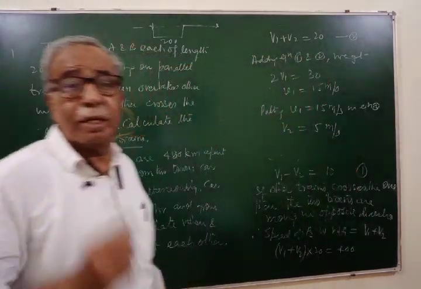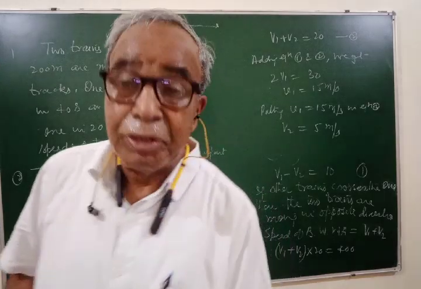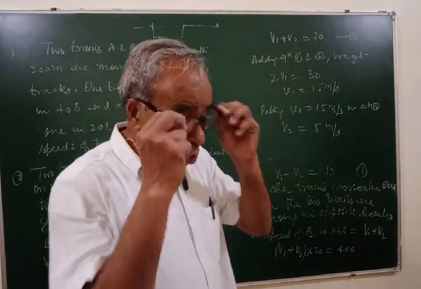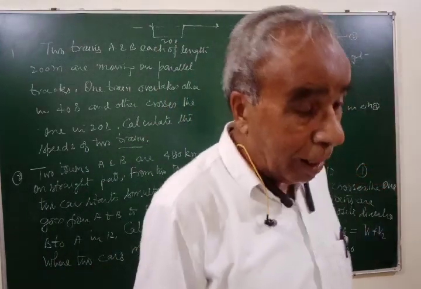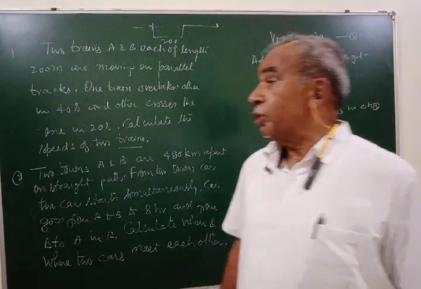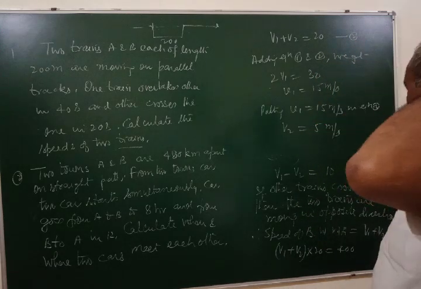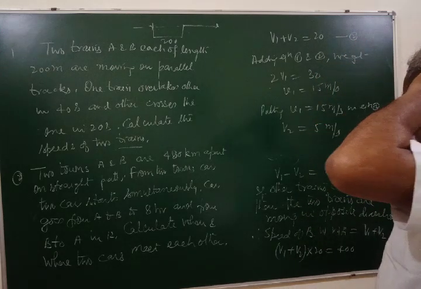So there is a trouble of language to understand. Two trains each of length 200 meter were moving on parallel tracks.